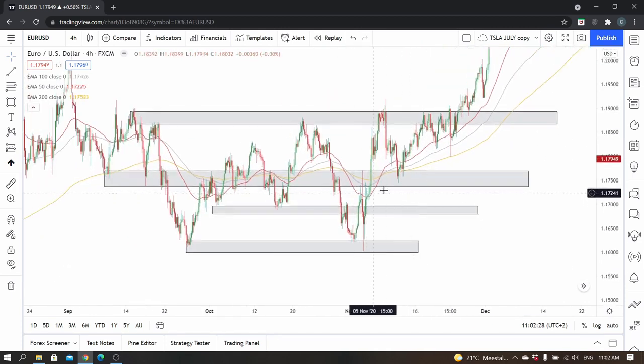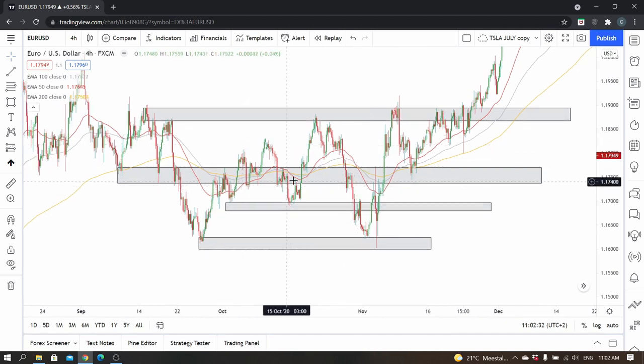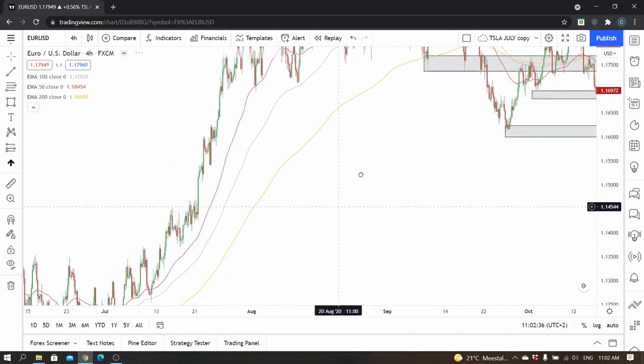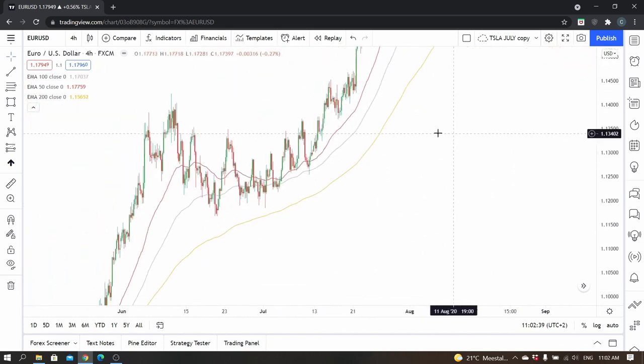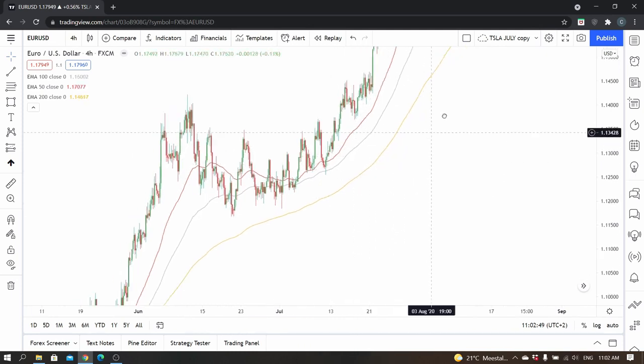The leading indicator in this strategy are actually the EMAs, because the EMAs show a lot. For example, the longest EMA should always be at the bottom in an uptrend, and vice versa in a downtrend.